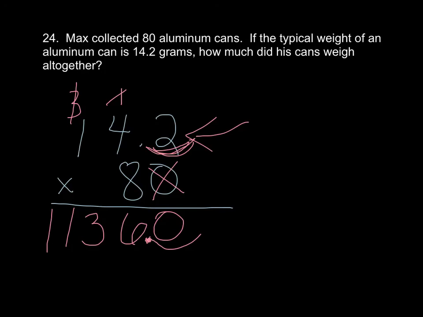And when I look at that, I realize, oh, okay, I don't really need that because what I have is a whole number answer. I've got 1,136. So what's my answer going to be? It's going to be 1,136 grams. Don't forget that label when you're problem solving.